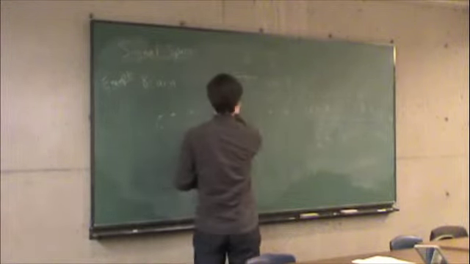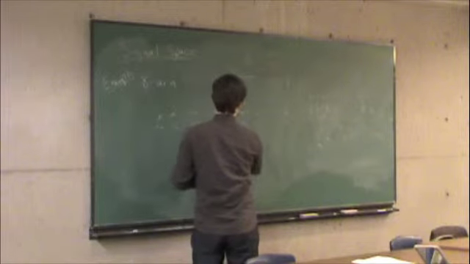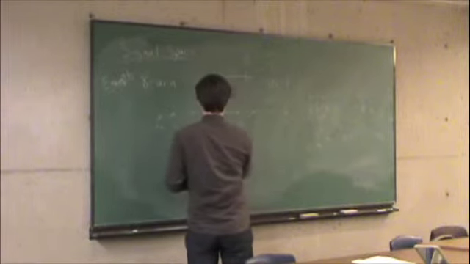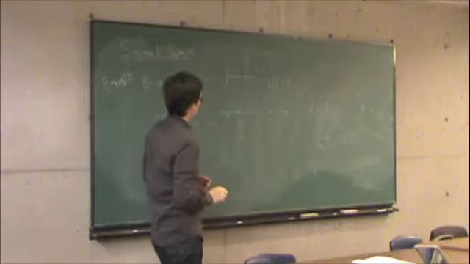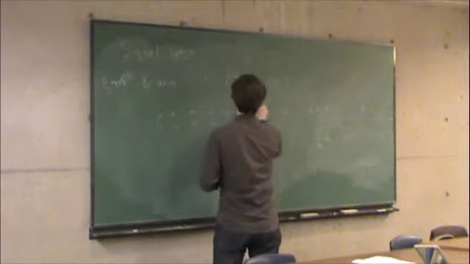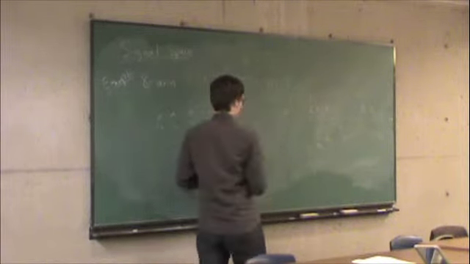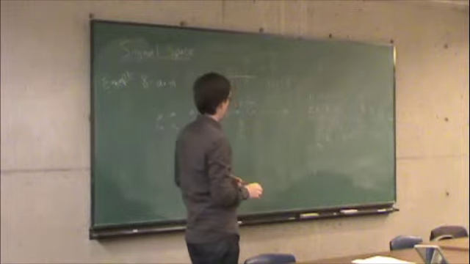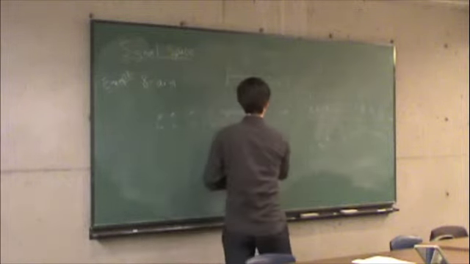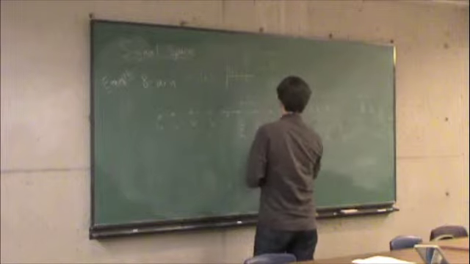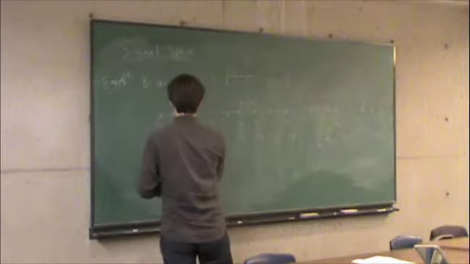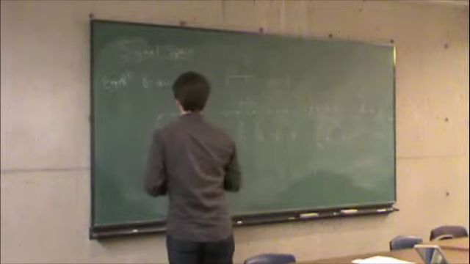The distance here is 2. If this is the origin, then S3 should be +1 and S4 should be -1. If this is 2, then what is S2? +3, +5, +7. And here -1, -3, -5, -7.